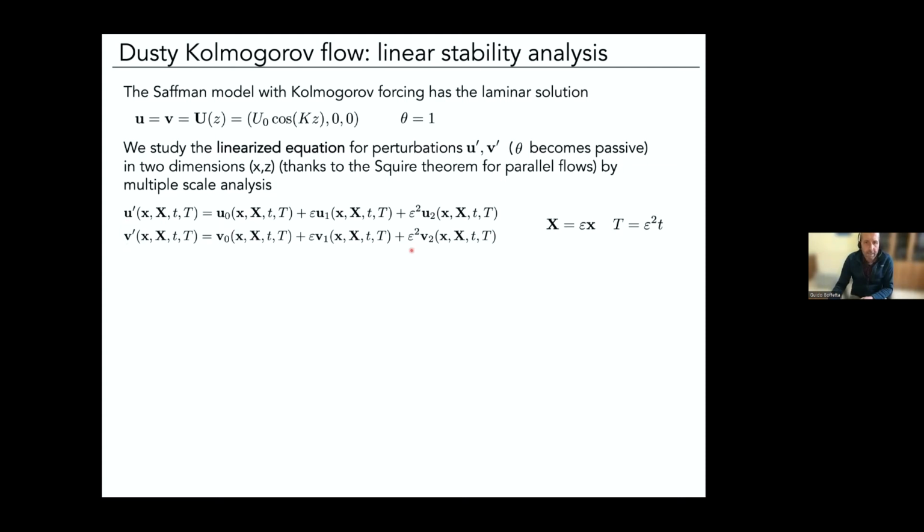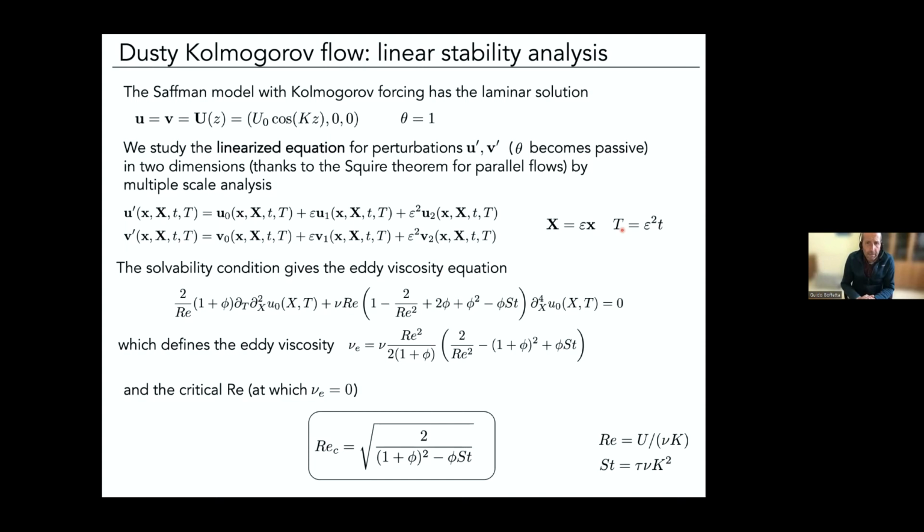You expand in terms of multiple scales, so you introduce a large-scale variable capital X and a large time capital T. And then using the usual machinery of multiple scale analysis, you end with the solvability condition, which at the end is an eddy viscosity equation for the perturbation of the velocity field U0.